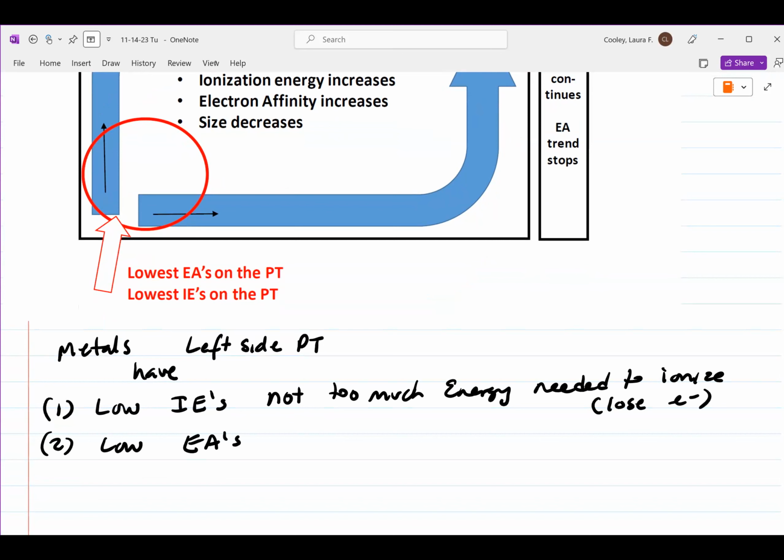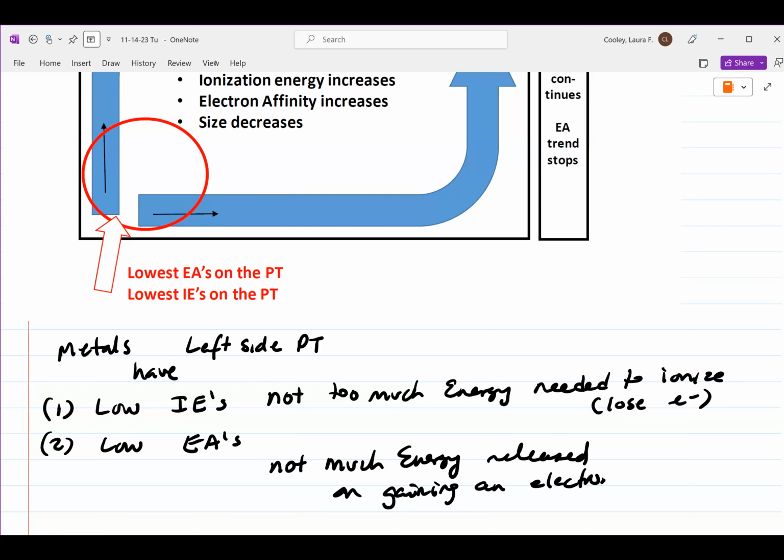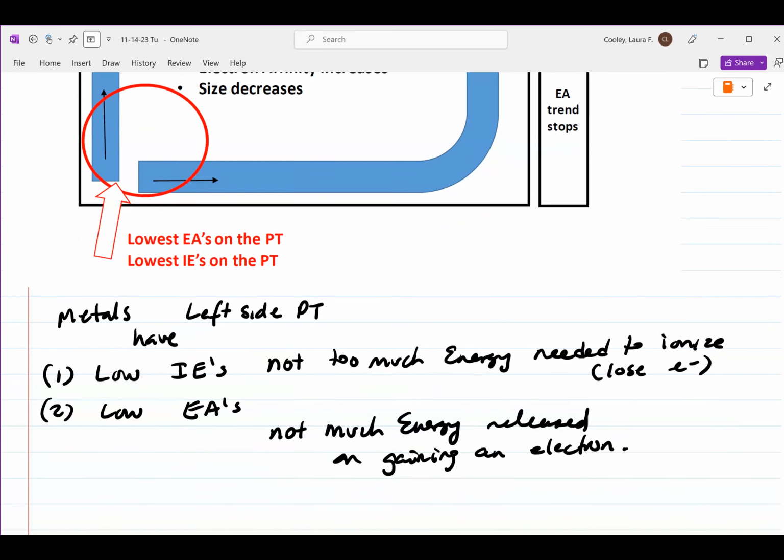Low electron affinities means they don't really want an extra electron. Not much energy is released on gaining an electron. And what do you know about metals?